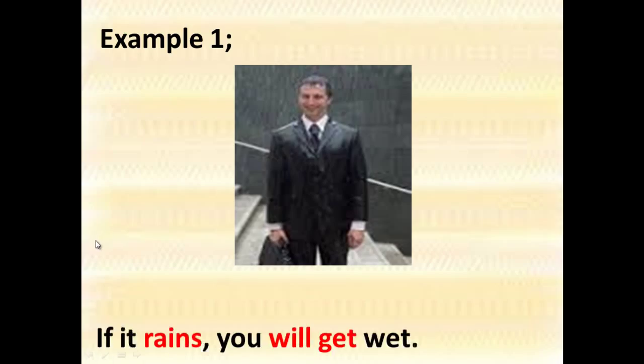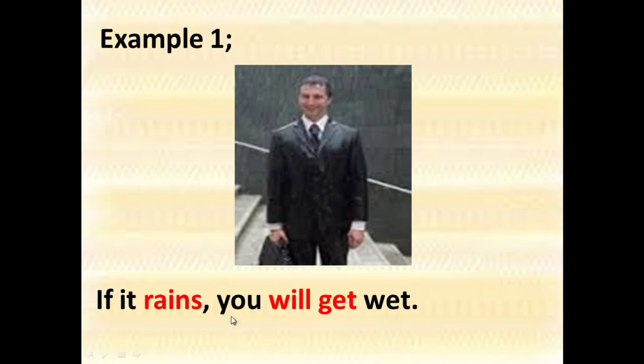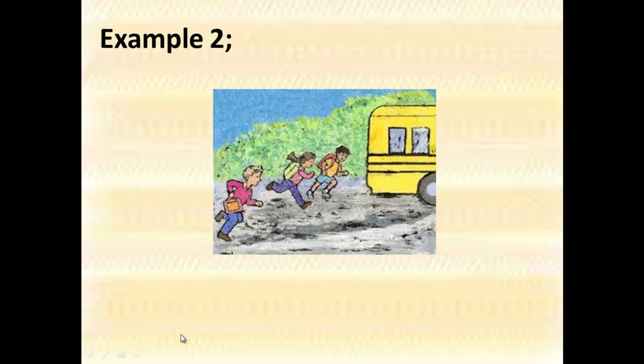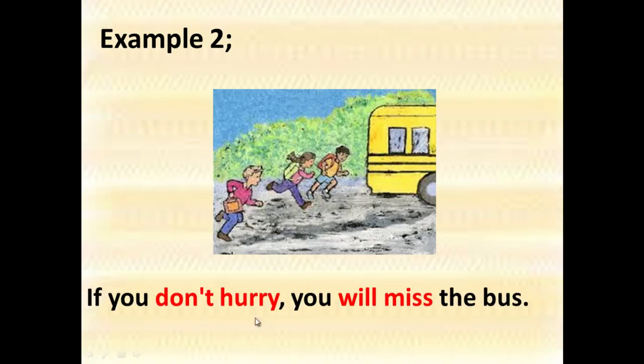Here, if it rains, you will get wet. If it rains, present simple, you will get wet. Okay. So it is possible to get wet. Okay. Example number 2, if you don't hurry, you will miss the bus.